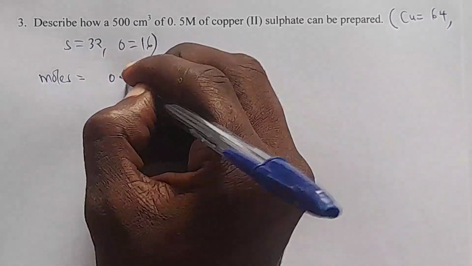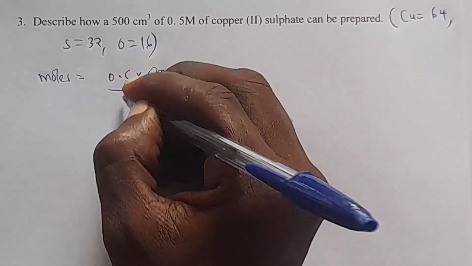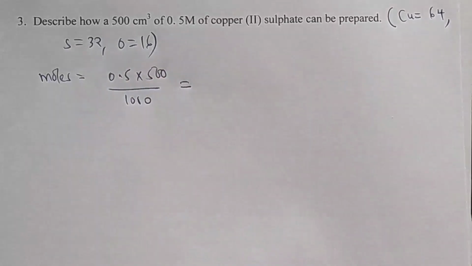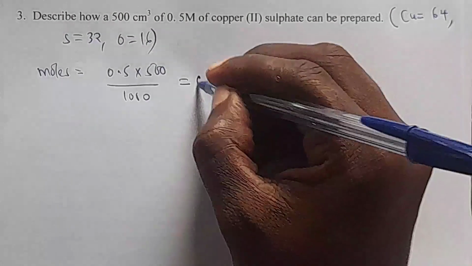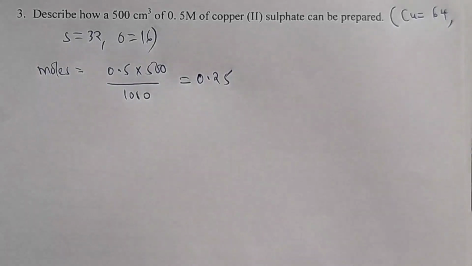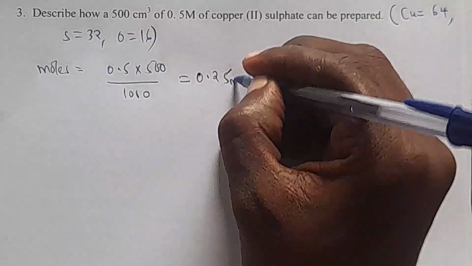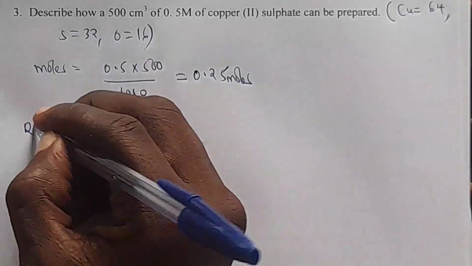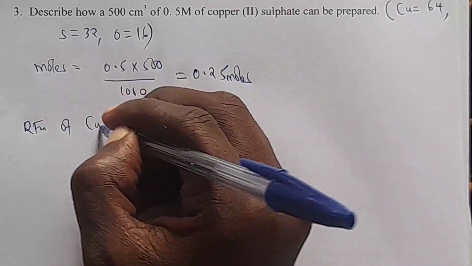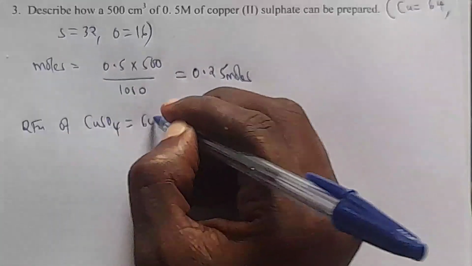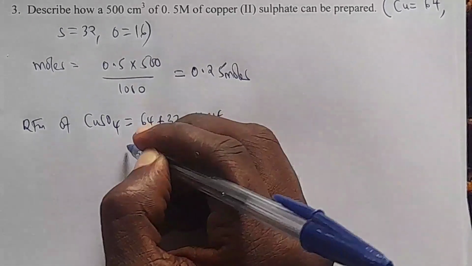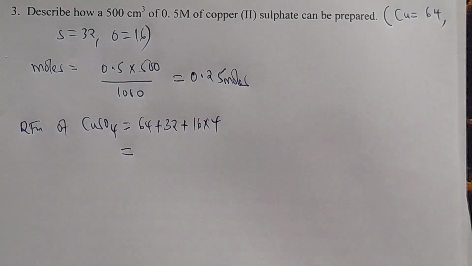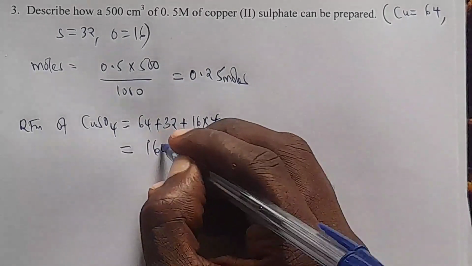Moles is molarity 0.5 times volume used over 1000, so we are going to get 0.25 moles. So what is the RFM of copper 2 sulfate? Copper 2 sulfate is written like that, so it will be 64 plus 32 plus 16 times 4. Here we are going to get 160.